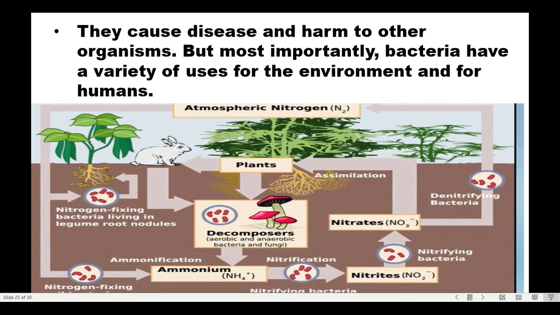Magkakaroon ng assimilation, o di ba may assimilation din sa plants, hindi lang sa digestive system ng tao. Then meron din tayong denitrifying bacteria, okay? Tapos may mga nitrogen fixing bacteria.